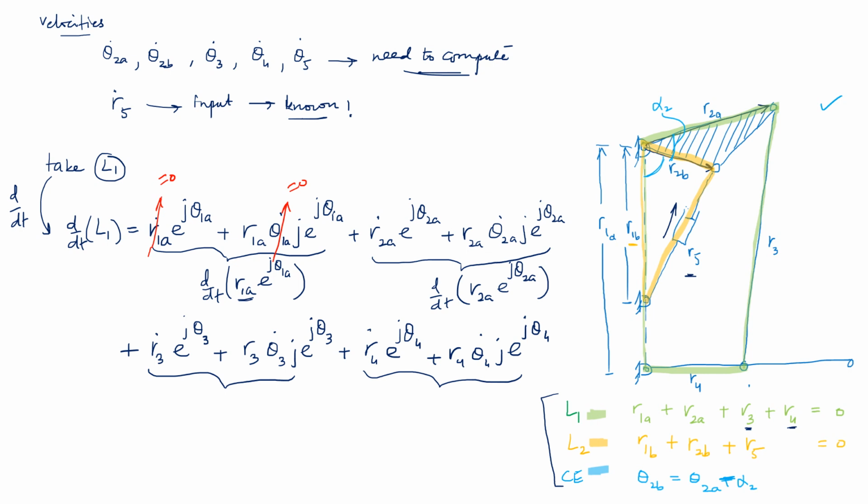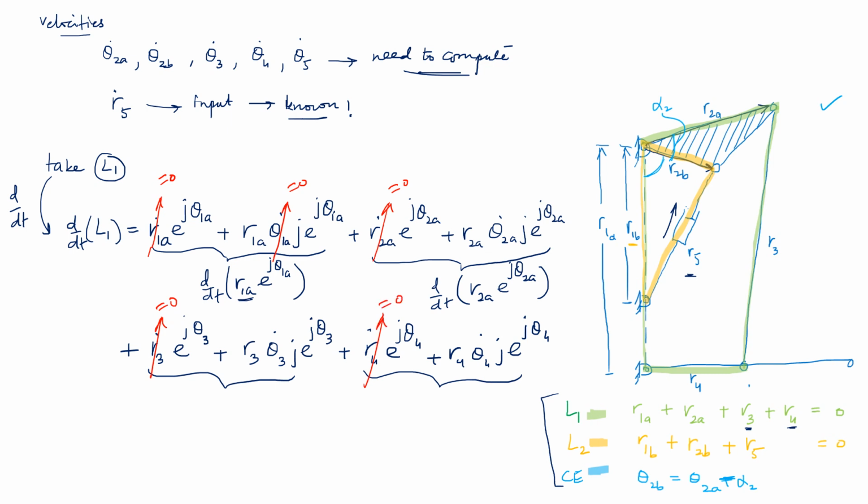And similarly over here you can see R2a dot, which is the rate of change of R2a, which is not going to change because it is a fixed rigid length. So this is going to be equal to 0. Similarly, R3 dot is also going to be equal to 0. And R4 dot is also going to be equal to 0.